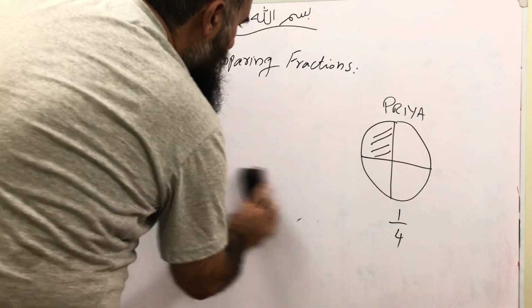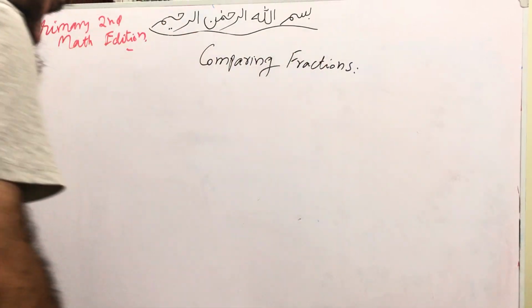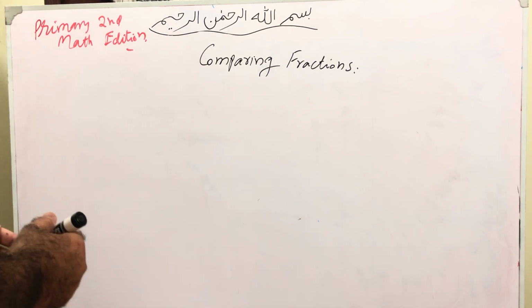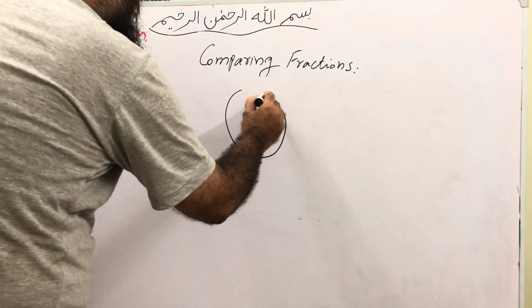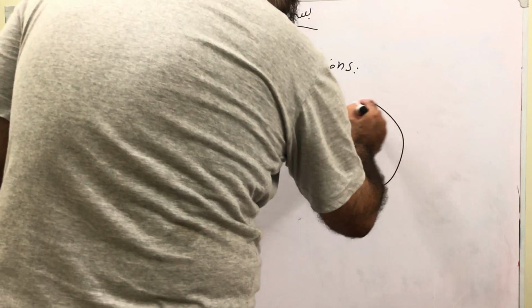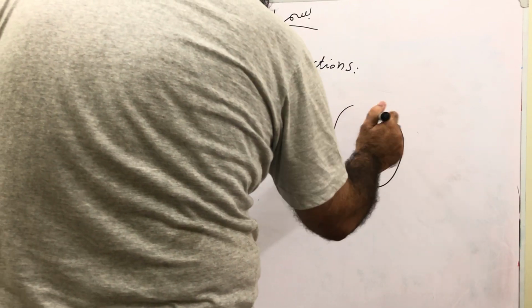Then we will be moving to question number 5, page number 235. Compare 1/2 and 1/12. This we already did. We will be doing again. These are 2 equal size cakes.